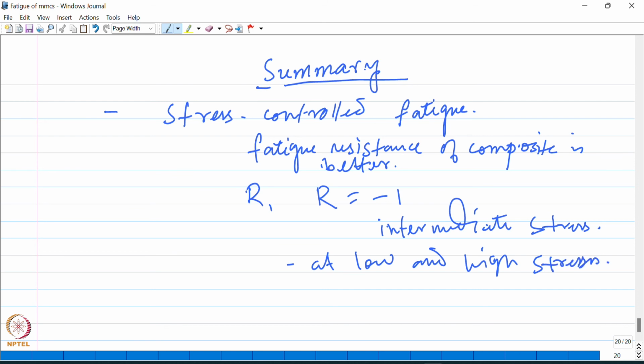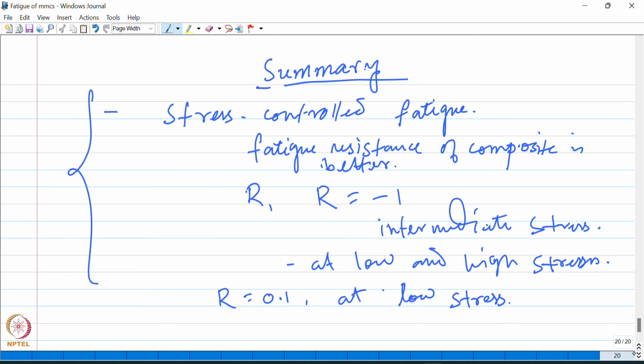On the other hand, when R is positive or close to 0, for example when R is equal to 0.1, the most significant differences are found at low stresses. So this is what we have seen in case of stress controlled fatigue of metal matrix composites.